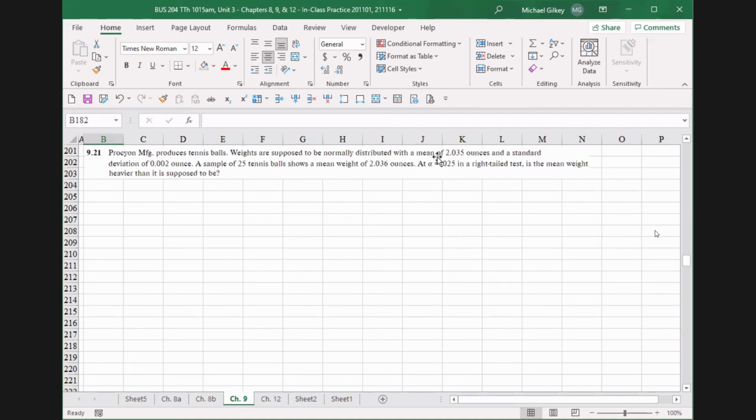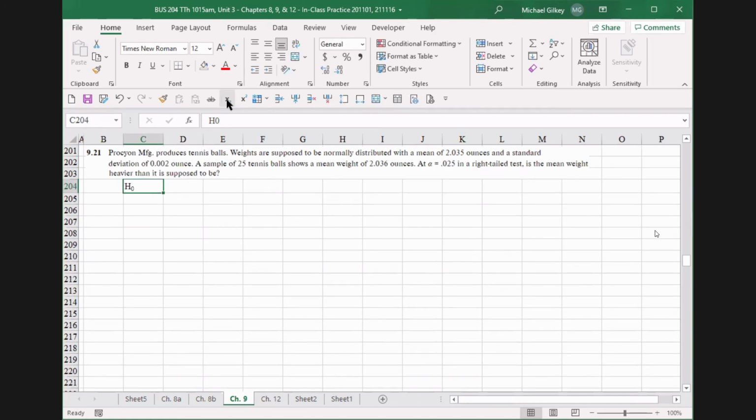Okay. So they give us some information here. Let's actually write down the null and alternative hypotheses to start. So we'll put in the null and alternative hypotheses, and then from that we'll get our hypothesized mean, mu naught.